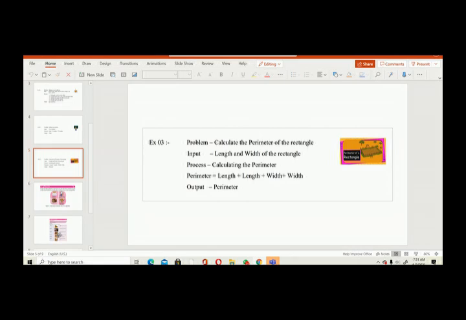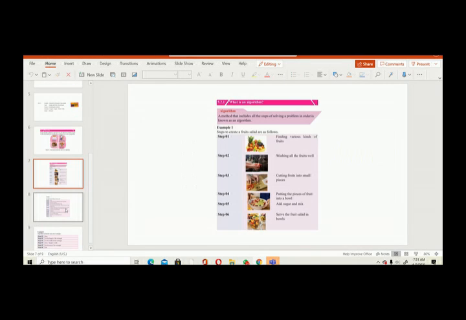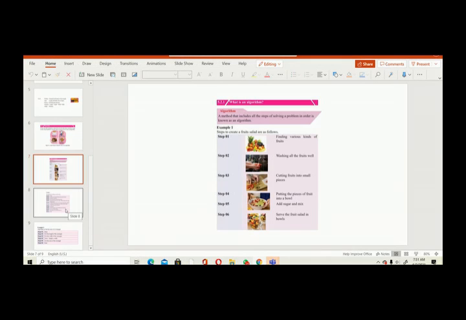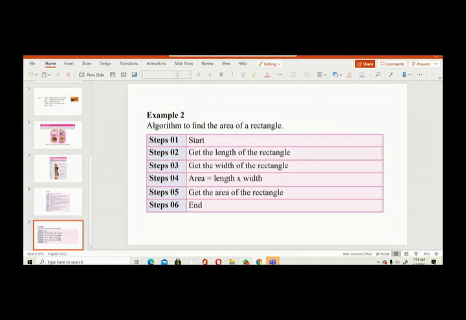Okay, so that is the part we talked about last week. So we wrote some algorithms to find the area of a rectangle and the perimeter of a rectangle. Likewise, we wrote the steps in an orderly manner. So this was called the algorithm, right?